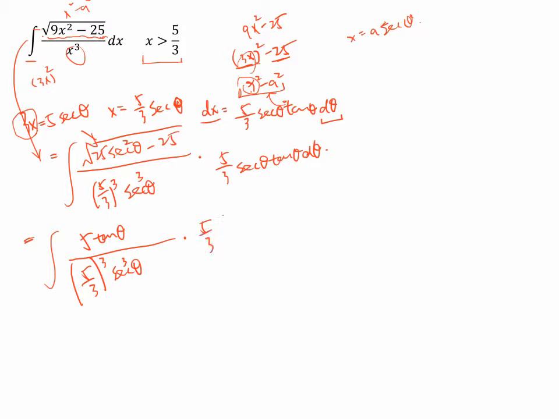Multiply 5/3 secant theta tangent theta d theta. This 5/3 can be cancelled out with the one at the denominator, so here what is left is 5 squared. Again, secant theta cancels out one from here.